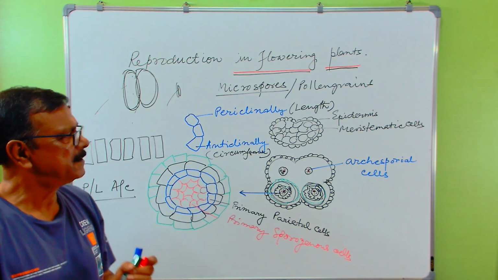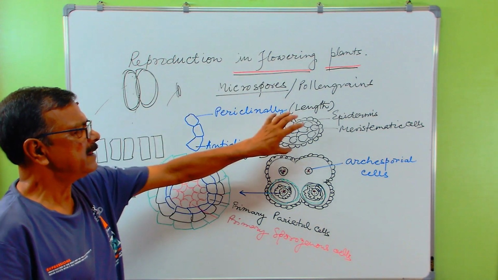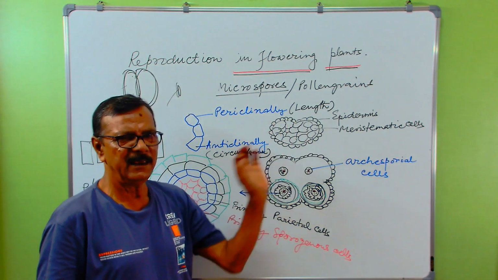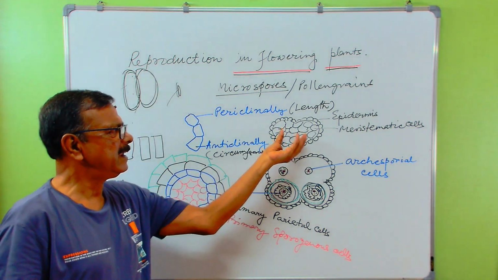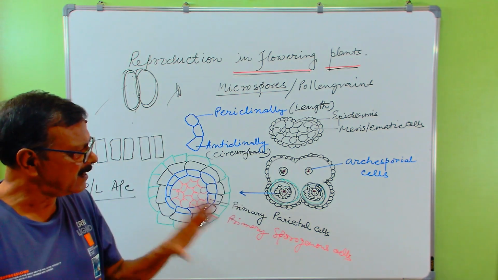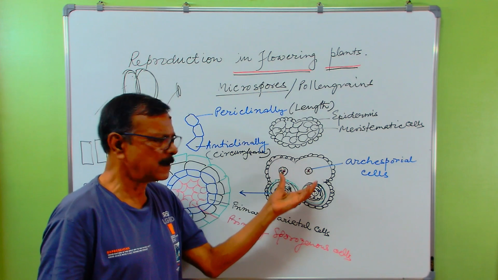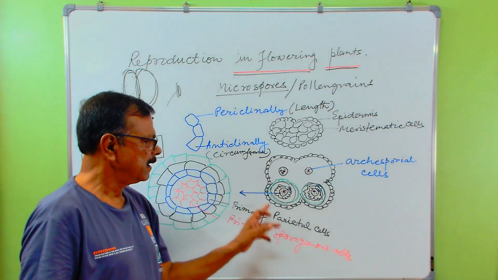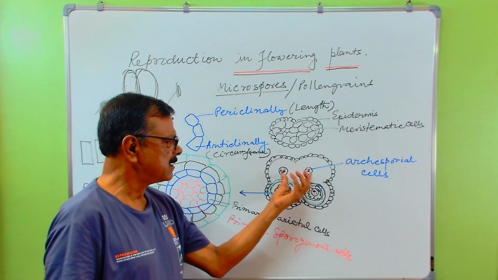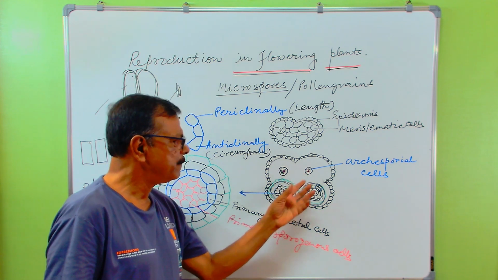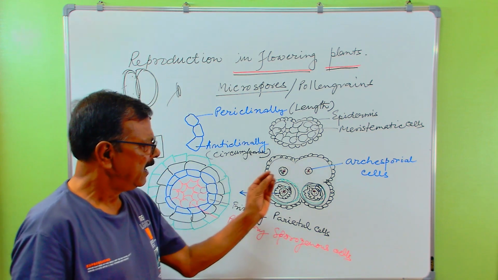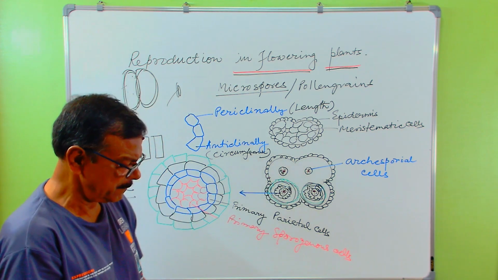Clear? I repeat. Initially, the anther is seen as a bilobed structure surrounded by epidermis and an inner mass of meristematic cells. Second sentence you will write: as the anther grows, it becomes four-lobed. And some of the cells of the individual lobes become distinct with a distinct nucleus and dense cytoplasm.